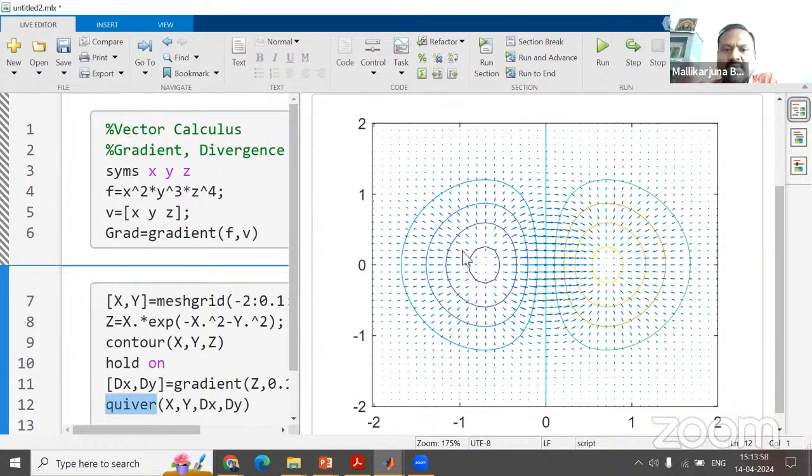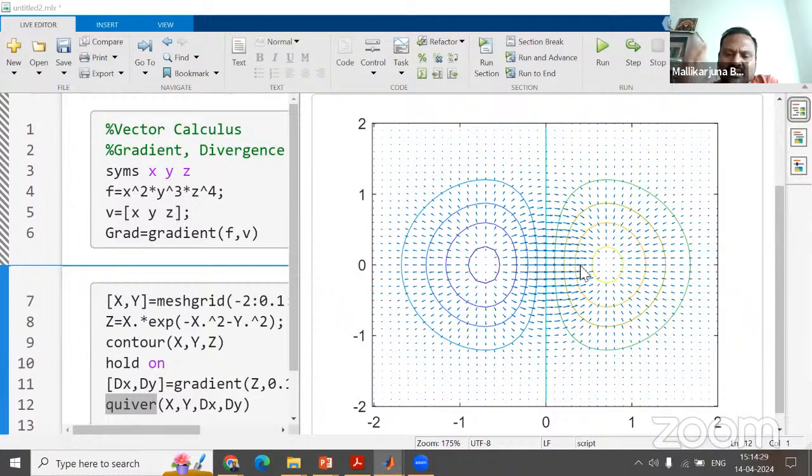So this is normal, how to draw the normal. This quiver is a syntax to draw vectorial plots. And here it's very clear that wherever you take the point over the curves, you can see these vectorial representations are normal, perpendicularly coming out of that.